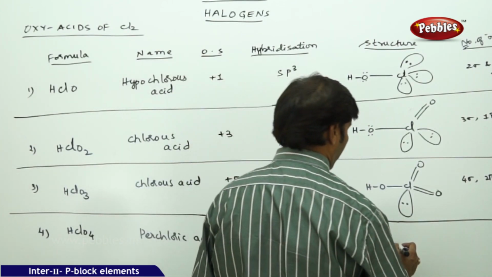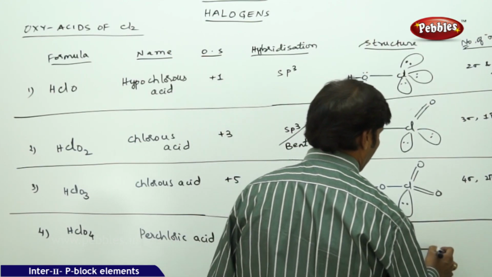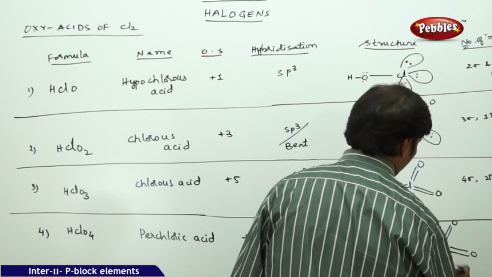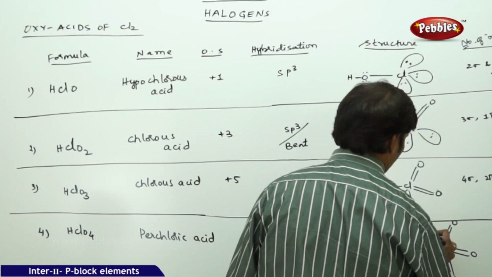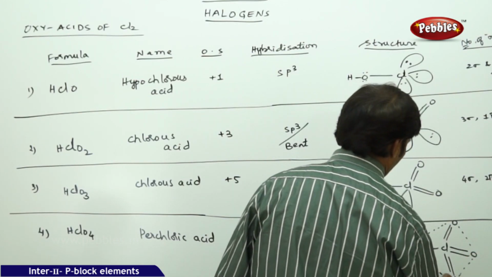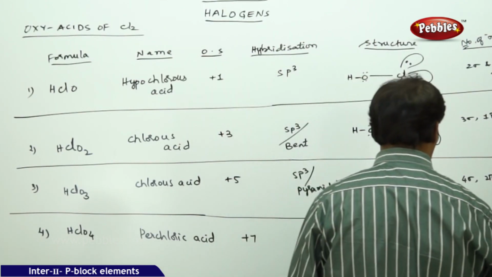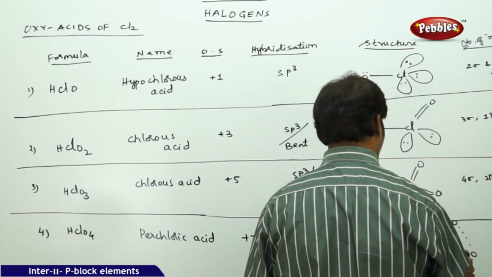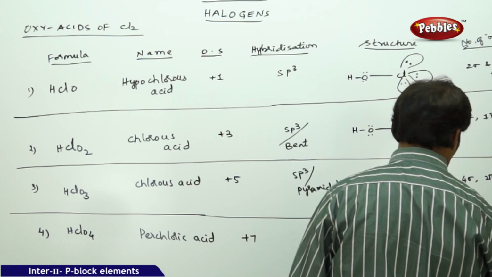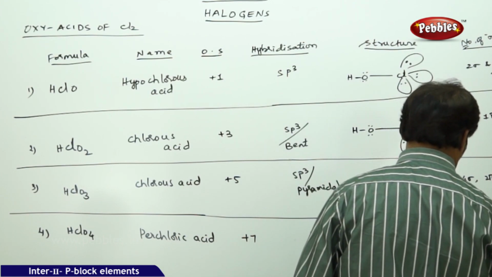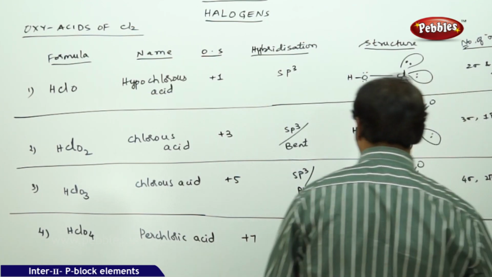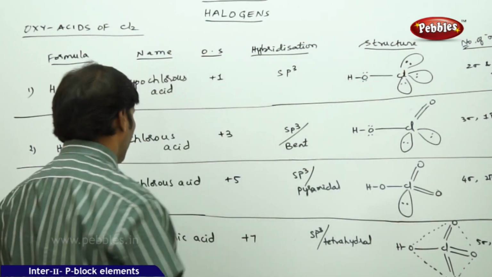The shape is hydrogen single bond oxygen, chlorine, with double bond oxygen, and double bond oxygen, and here also double bond oxygen. So 5 sigma bonds, then 3 pi bonds, and 0 lone pair electrons, and it is tetrahedral in shape, perchloric acid.